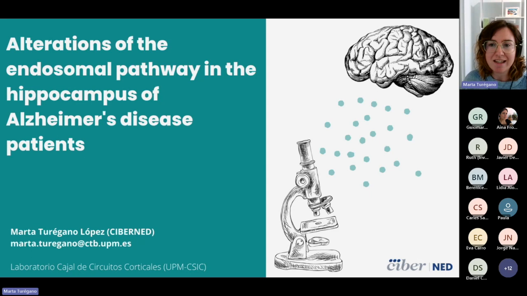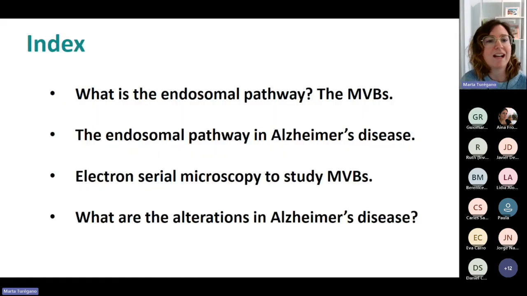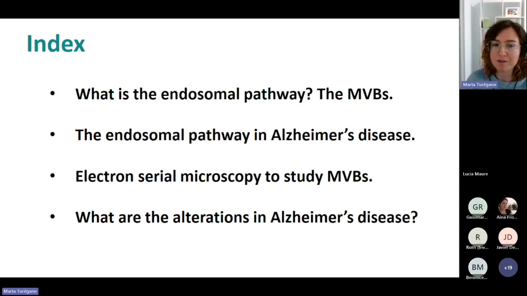This is my presentation called Alterations of the endosomal pathway in the hippocampus of Alzheimer disease patients. First of all, I would like to introduce what is the endosomal pathway and in particular the multivesicular bodies. Then we can explore what is the role of the endosomal pathway in Alzheimer's disease.